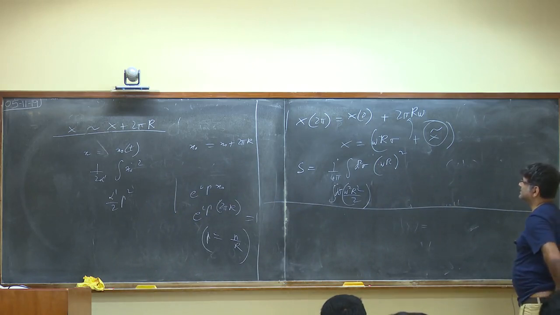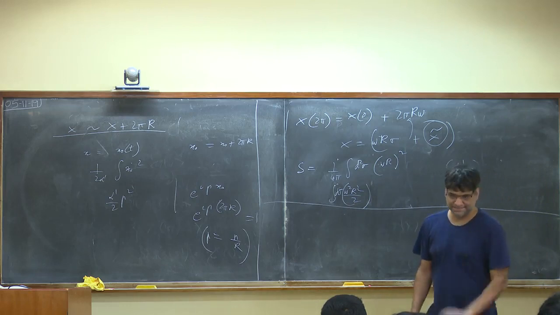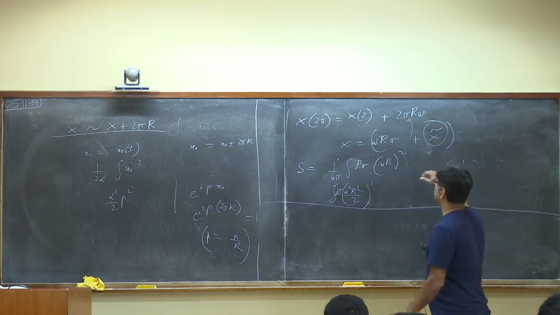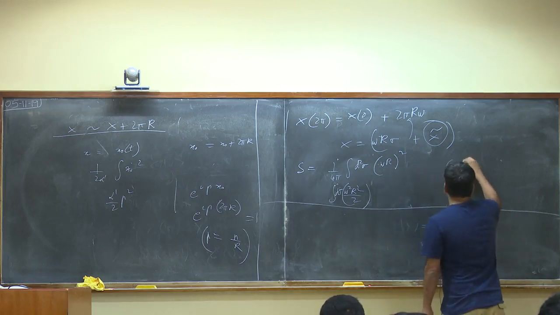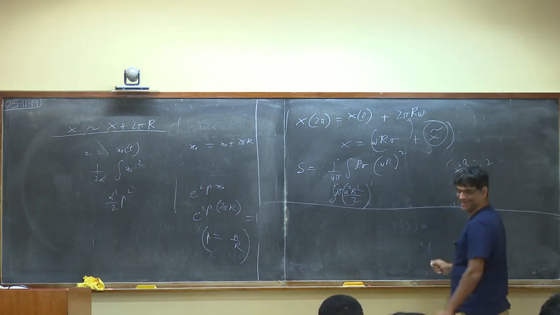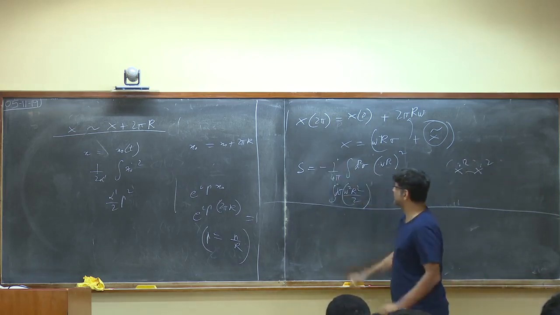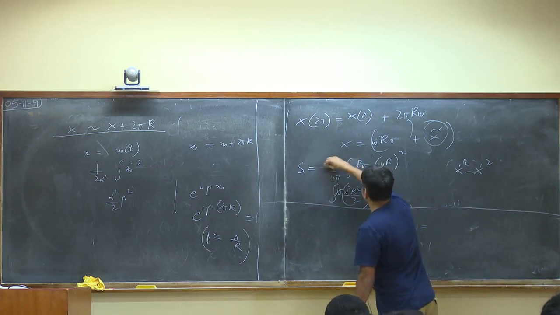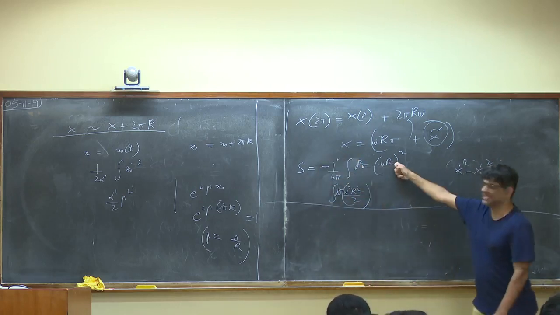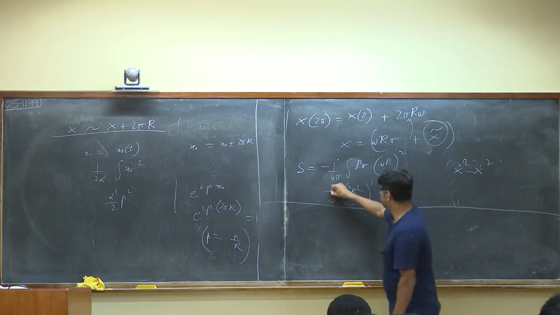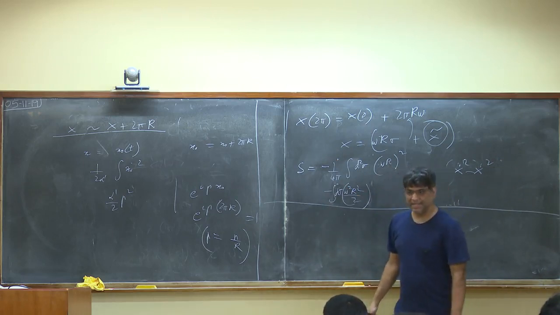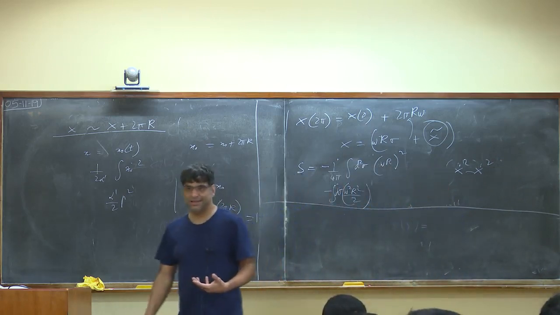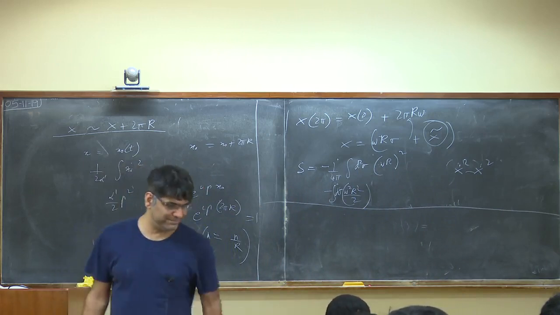Now let us be a little more serious. Suppose we were working in Minkowski space. Then this theory would have had x dot squared minus x prime squared. So this would have come with a minus, because of minus x prime squared. But in a Minkowski space action, the action is t minus v.